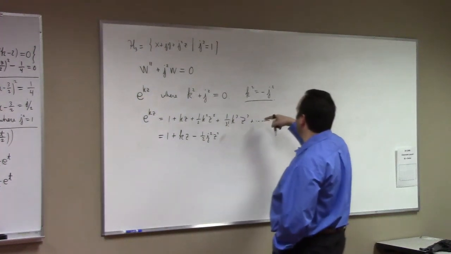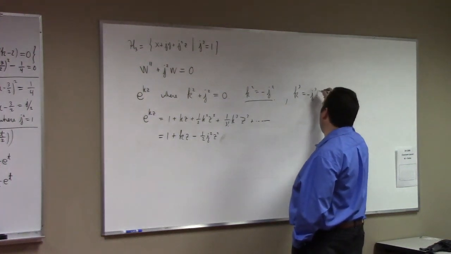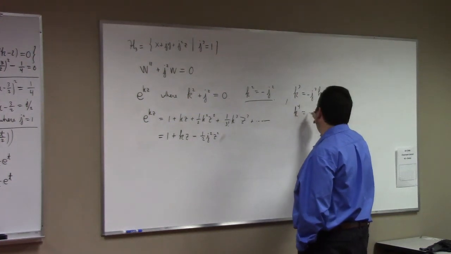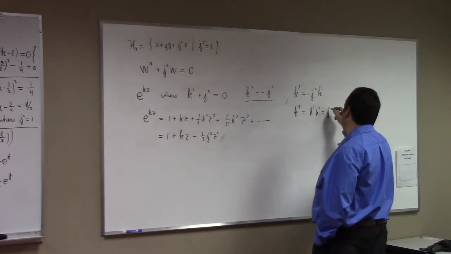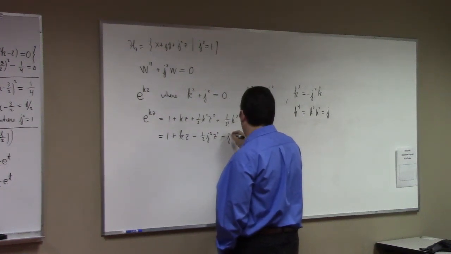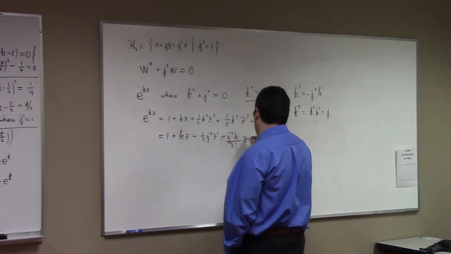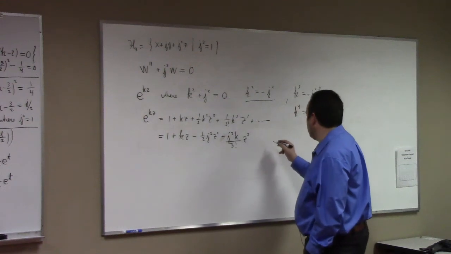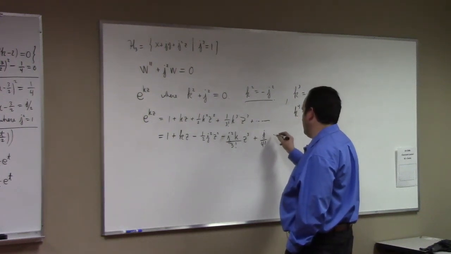So what is k cubed? What is k to the 4th? Oh, just j. So we get like that, then minus j squared k over 3 factorial, and then what next? J over 4 factorial z to the 4th.